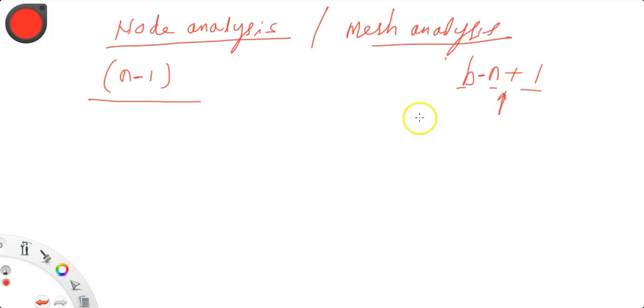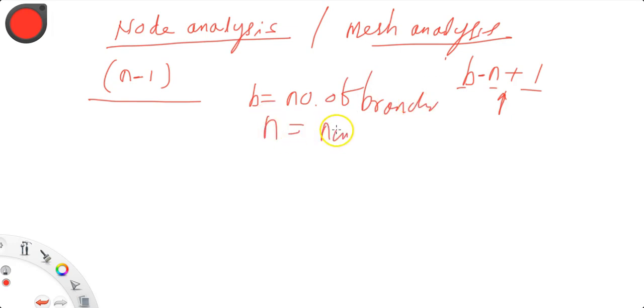Here b is the number of branches in the network and n is the number of nodes. Accordingly you can use whichever is easier. Sometimes you require the application of both node analysis and mesh analysis, wherever you find a super node or super mesh in the networks.